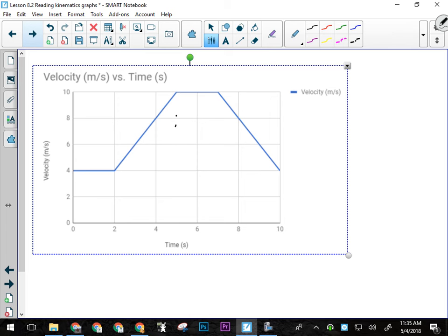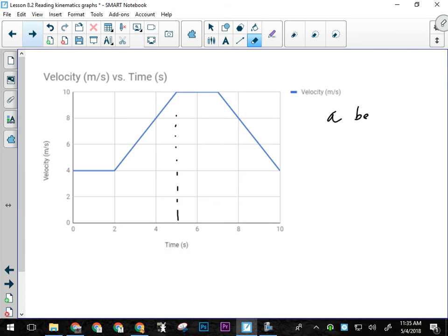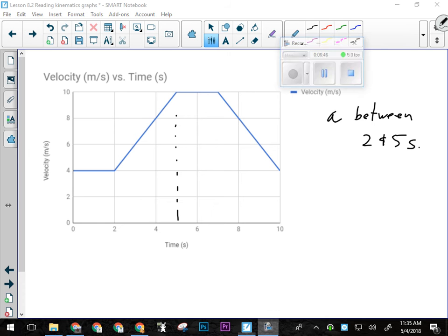This here is 5 seconds. Find the acceleration between 2 and 5 seconds. All right, I'll give you a couple minutes on that one.